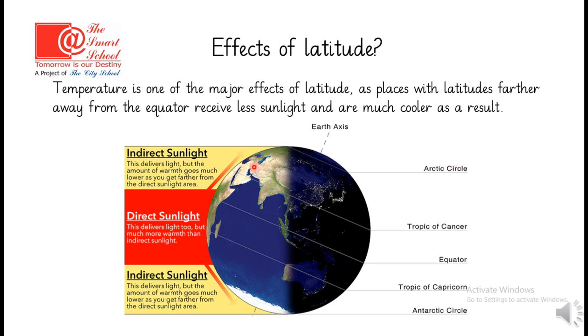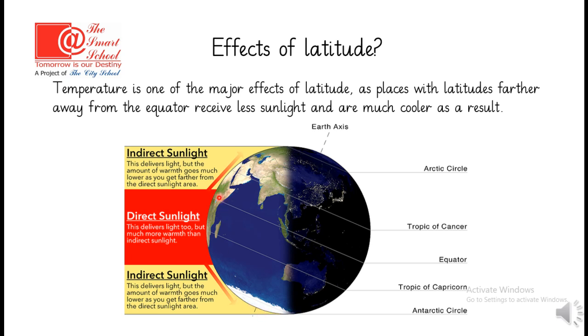You can see in this image, these are the lines of latitude. This is equator, this is Tropic of Cancer, this is Arctic Circle, this is Tropic of Capricorn, and this is Antarctic Circle. Now, the sunlight reaches these areas directly, and these areas receive indirect sunlight.